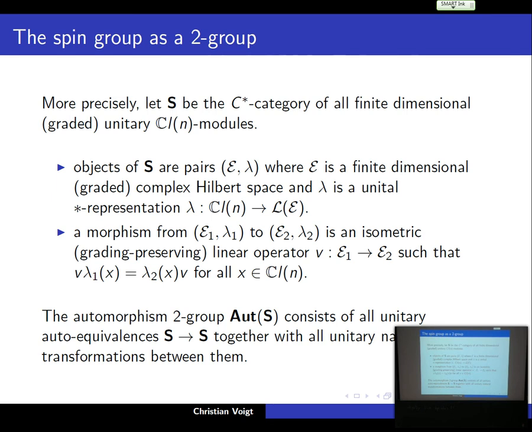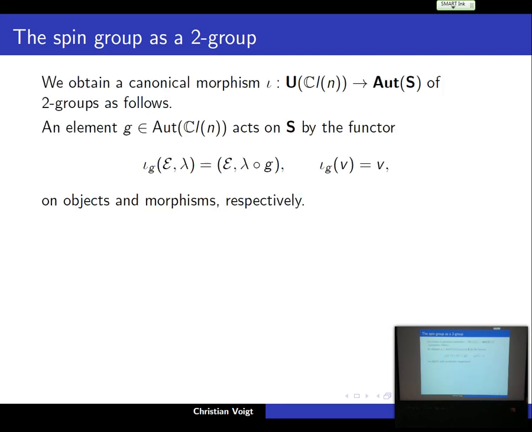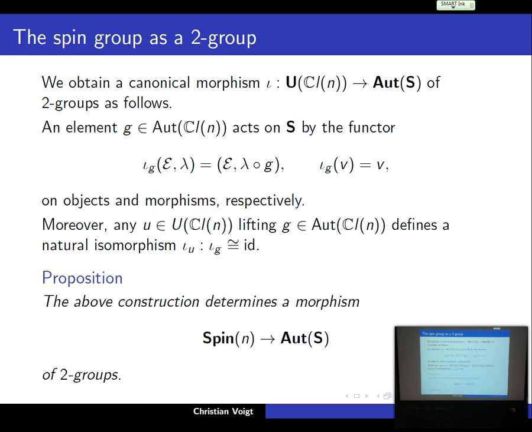But okay, let's perhaps just skip this. So what you get just by rewriting things is a morphism of two-groups this way, and this captures basically everything one can say about the situation.